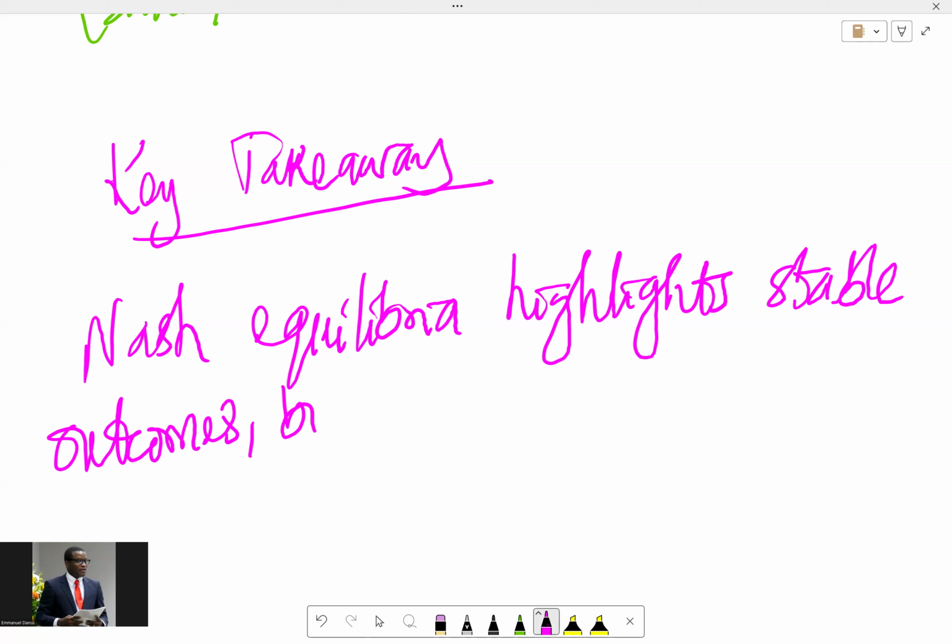And that is the place of Nash equilibrium in the battle of the sexes, where coordination is necessary to reach mutually beneficial decisions. And that is it.